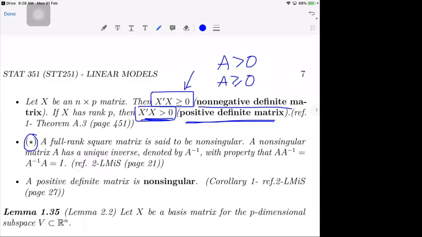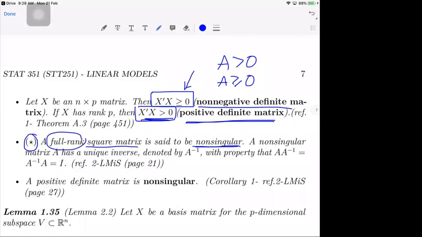So what is this? A full rank square matrix is said to be non-singular. So if it is full rank, it is non-singular. What is the condition of a full rank matrix?